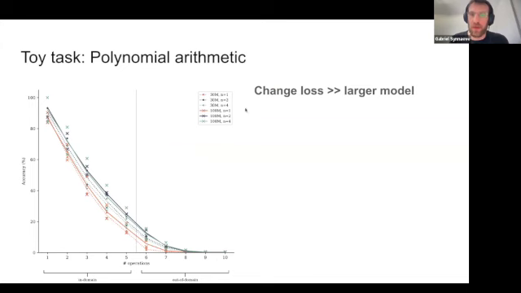The change in accuracy you have for predicting the polynomials is more explained by the MTP. There's a bigger change by using MTP than by using larger models. So larger models are better, but models trained with MTP and n equal 4 are better by a larger margin than larger models.